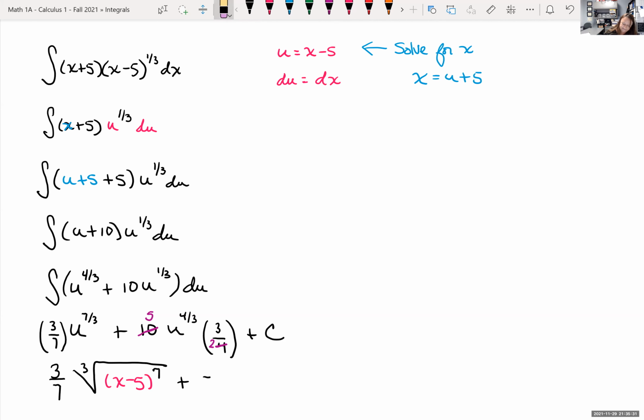That's going to be really plus 15/2. u to the 4/3, that's like the cubed root of u to the 4th. And u again was x minus 5 raised to the 4th power. Oops, and another plus c.